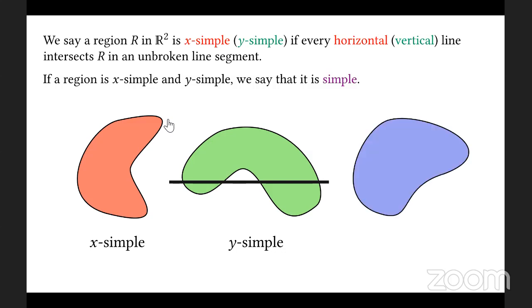And last one. Yeah, this one it looks like it's both x simple, and if we do the next one, it's also y simple. So it's both y simple and x simple. Does that make sense? Cool.